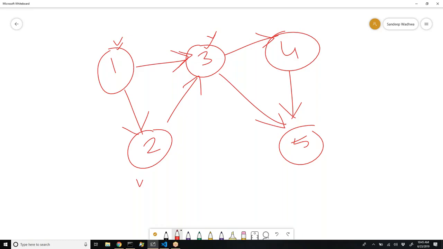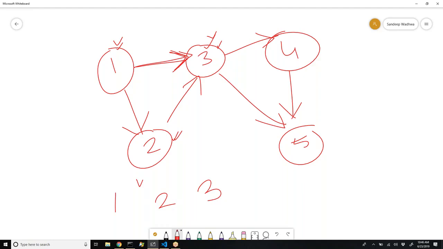Looking manually at it, first you do 1, then 2. After 1 you cannot do 3. 3 cannot be done unless 2 is done. There is this line also, right? So 1, 2, and after 1 you could have gone to 3 also, but no, after 1 you cannot do 3 because 3 has one more dependency.